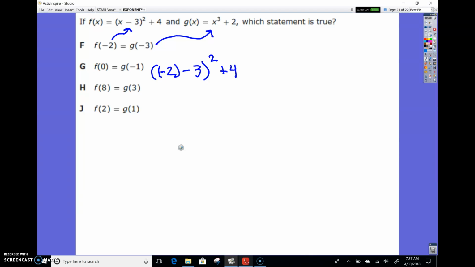When you do that, you should get 5. When I put the -3 to the 3rd power plus 2, I should get 29. So this is no good. And then you continue on to see which one is correct, okay?